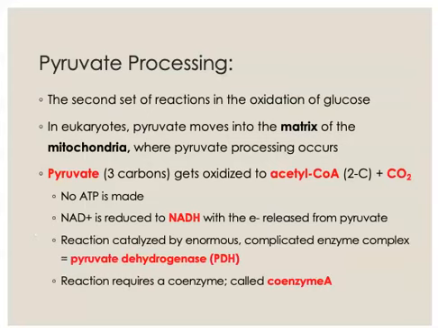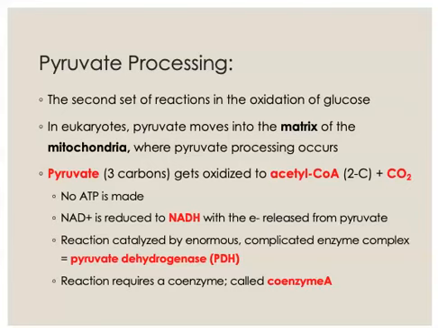The next step in cellular respiration is this reaction called pyruvate processing. Now, in eukaryotes who have organelles in their cells, pyruvate is going to travel from the cytoplasm, remember that's where glycolysis occurs, across the membrane and into the matrix of the mitochondria.